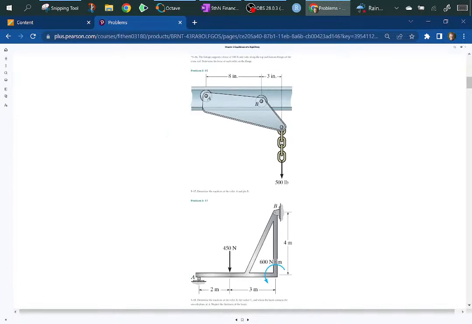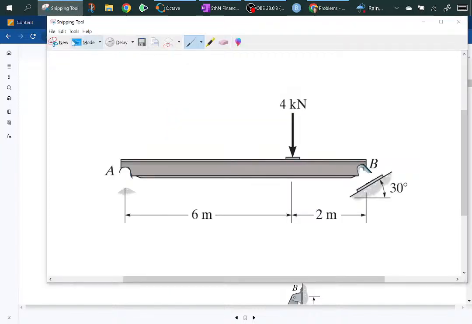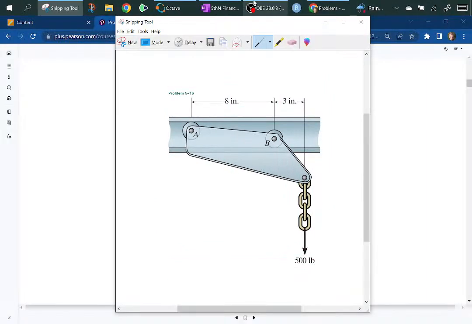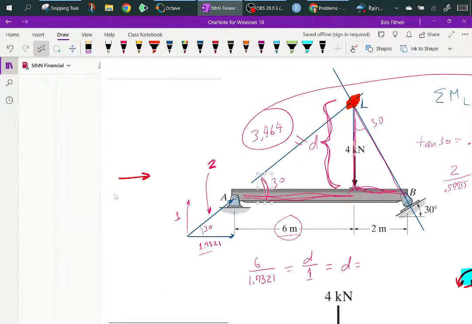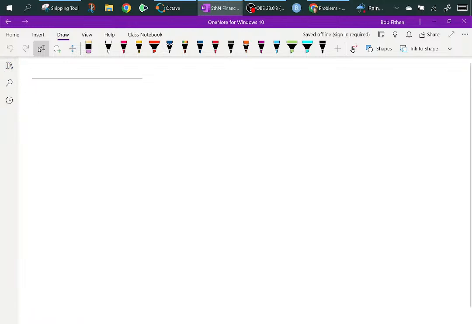Oh, it's delaying quite a bit. Jeez. Okay. Let's use our snippet tool.